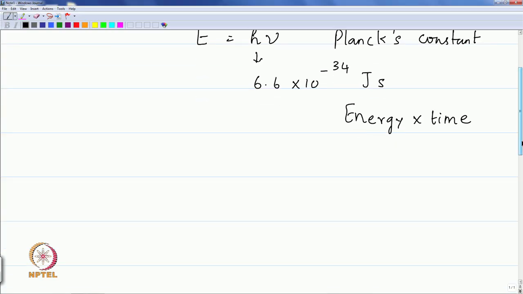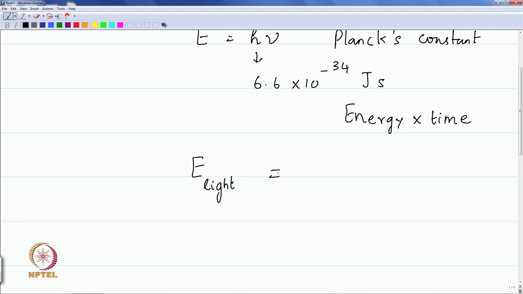But then Einstein, in explaining the photoelectric effect of the emission of electrons by metals when light falls on the metals, came up with this proposal that light itself consists of packets of energy, and he used exactly the same formula that Planck had, except that now I will put the subscript light.